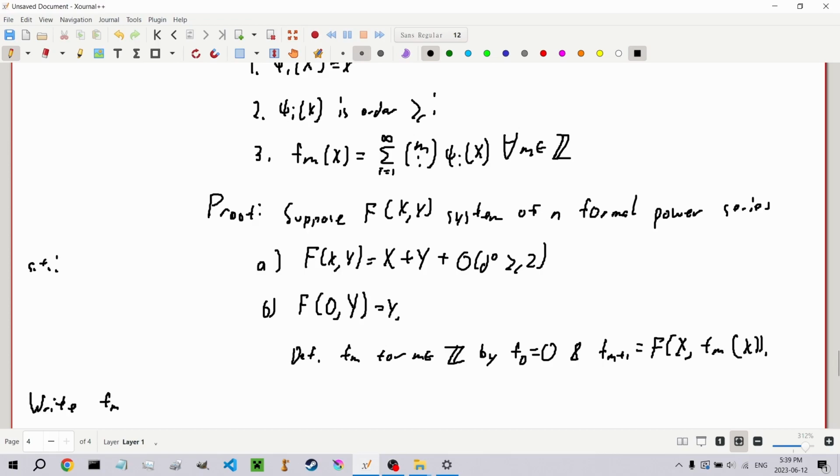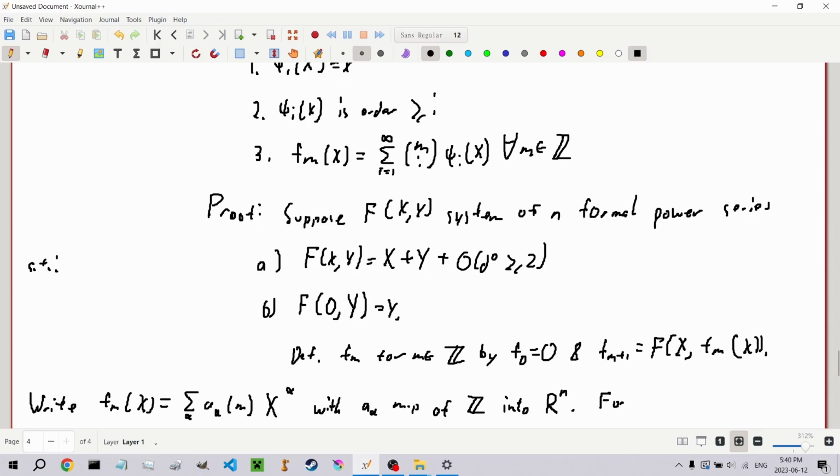We write f^m of x being the sum over alpha of a_alpha^m times x^alpha, with a_alpha being a map of integers into n factors of R.